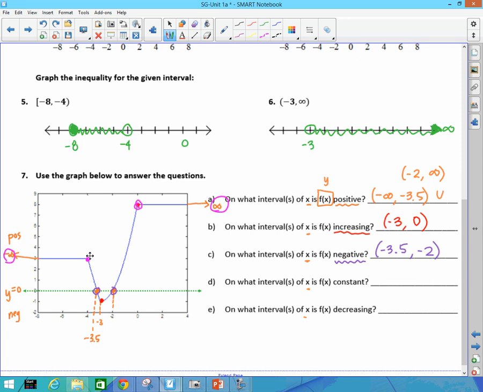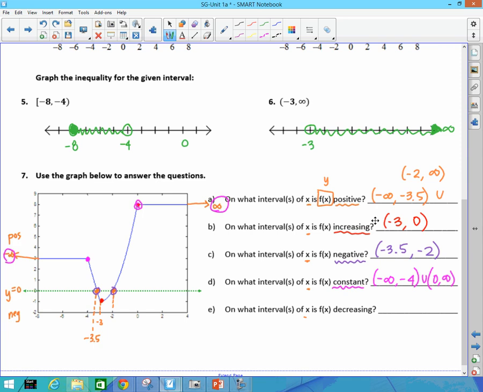So there's two places where it's constant, which means I should have two intervals over here. So constant is going to go from negative infinity to, what is this point? The x value of that point is -4. Doesn't matter what the y is. And the other one starts at 0 and continues all the way to infinity. So these are my intervals.